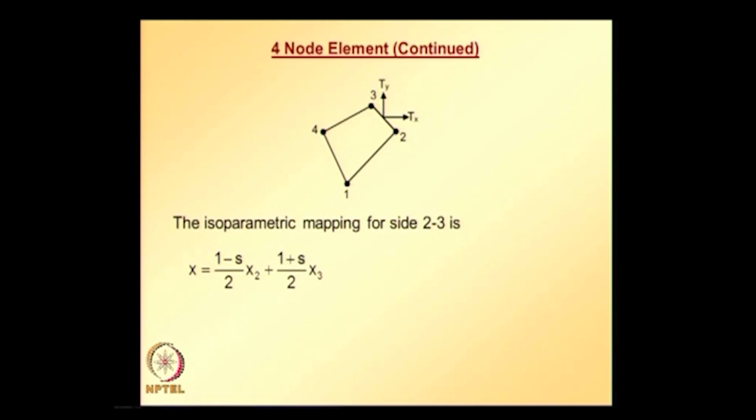Finally, we can write the relationship between the local coordinate system for side 2 3 of the actual element and the local coordinate system of side 2 3 of the parent element through this isoparametric mapping.